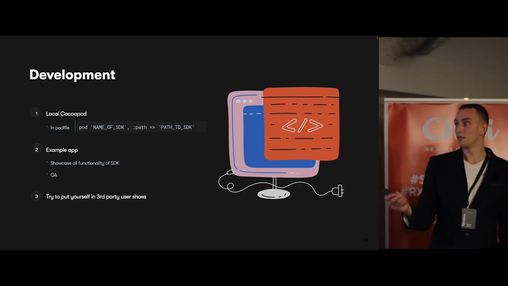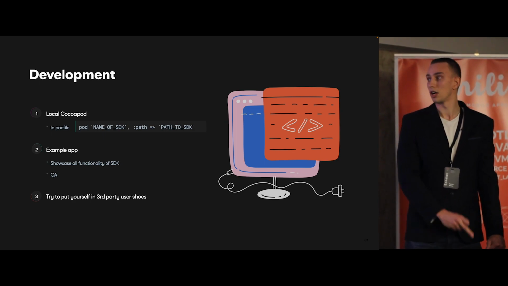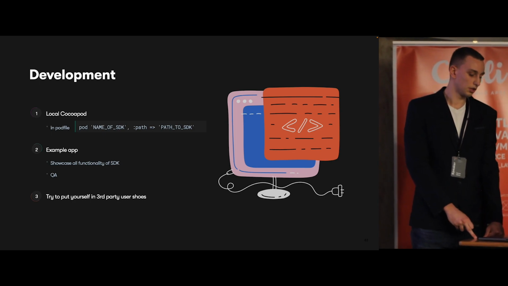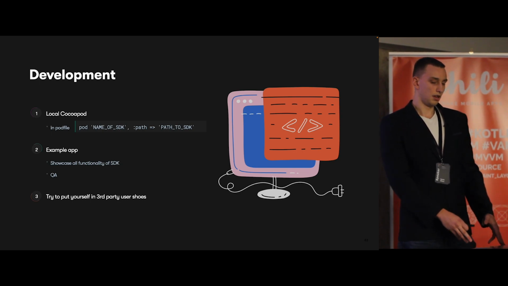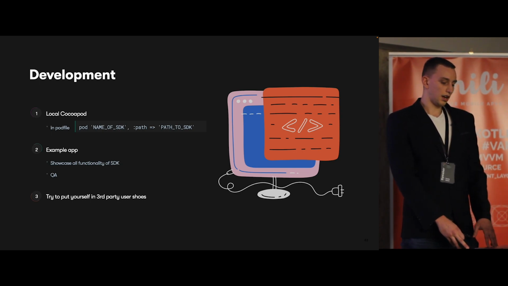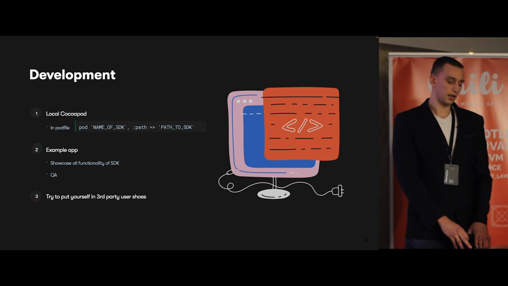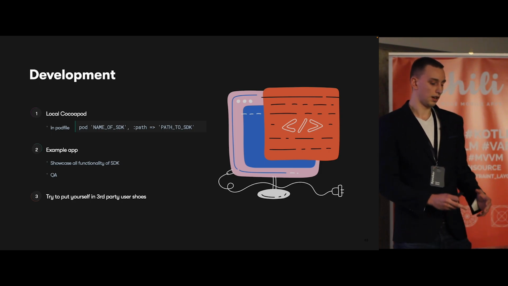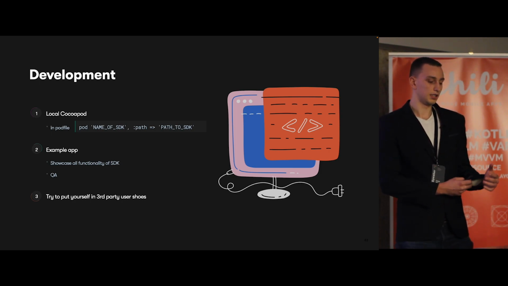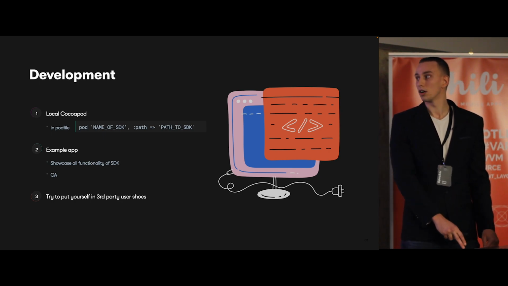When you create the example app, try to put yourself in the third-party user's shoes. It's easy to say, oh, in this SDK I can't access that variable, I'll just make it public and forget about it. But no, try to think about it. It's easy for you to understand that you only need this and everything will work.